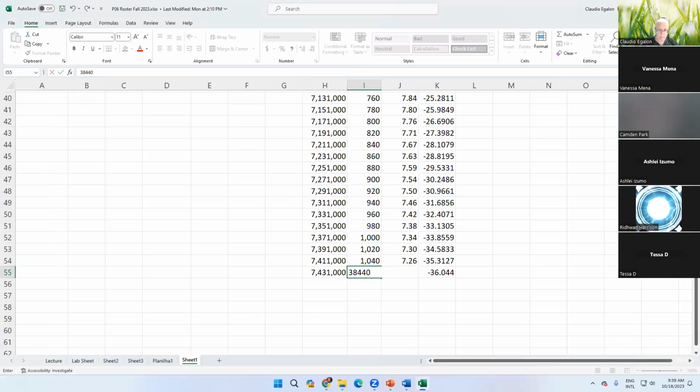And this one here is going to be 383,400. Something like that.